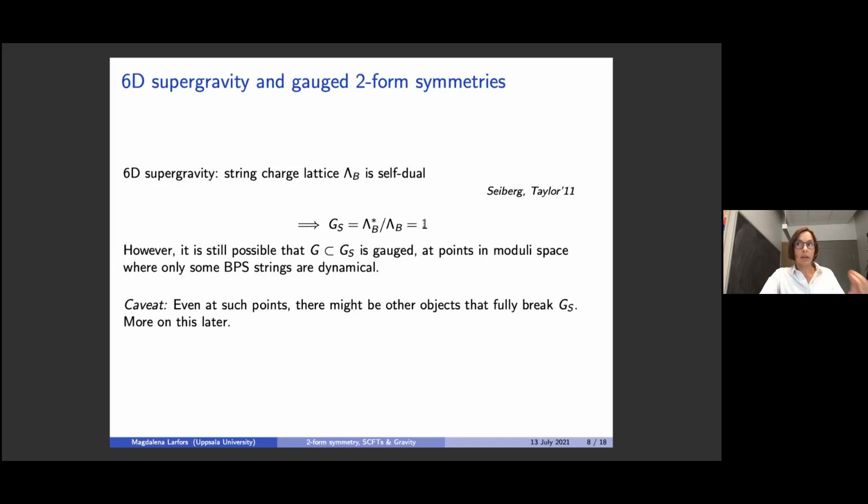But it can be possible to gauge part of this subgroup. What I will explore here is what happens to these BPS strings that come from D3 branes. A caveat is that there might be other strings or other objects that could screen this two-form gauge group that I don't know of. So there's certainly some more room for exploration there.